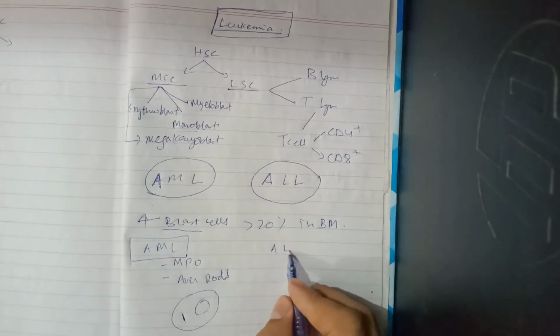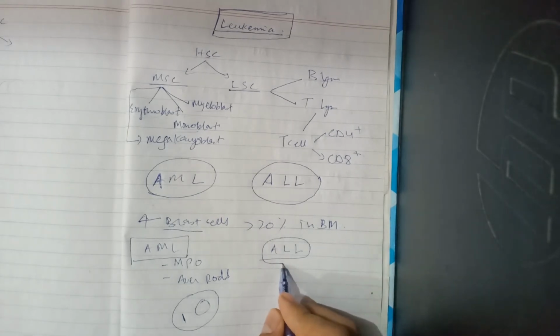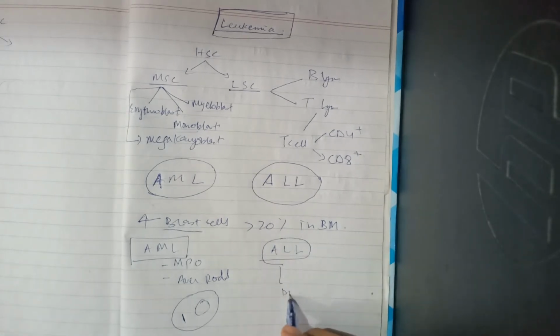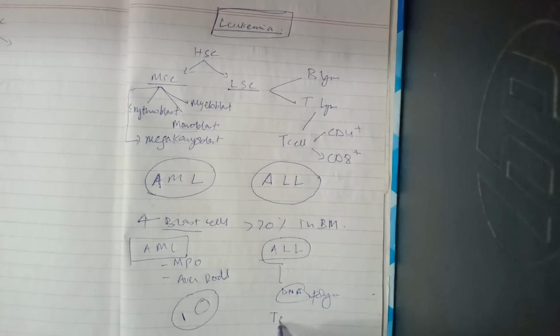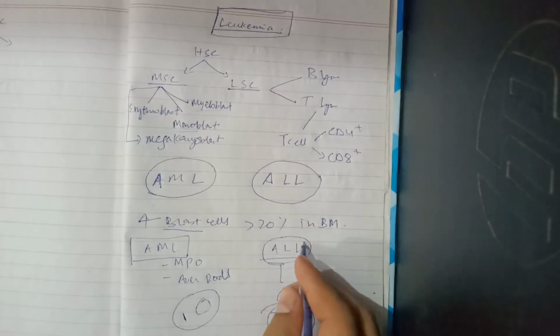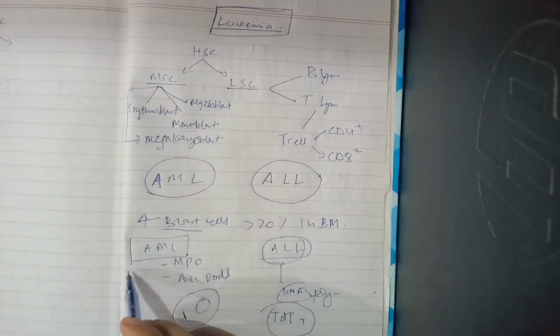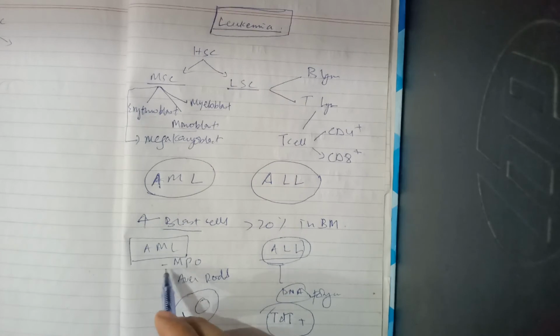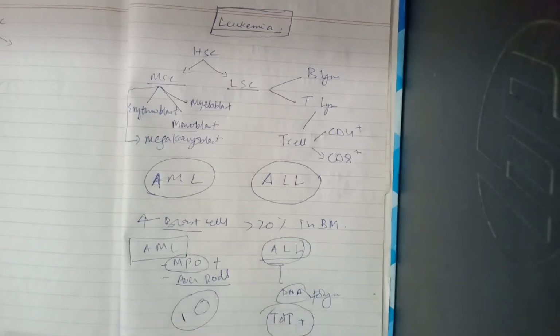Whereas in acute lymphoblastic leukemia, we will have TdT, terminal deoxynucleotidyl transferase, a DNA polymerase, positive. This is the test to detect acute lymphoblastic leukemia. What is the test for acute myeloid leukemia? The myeloperoxidase positive and the presence of Auer rods in the cytoplasm, right?